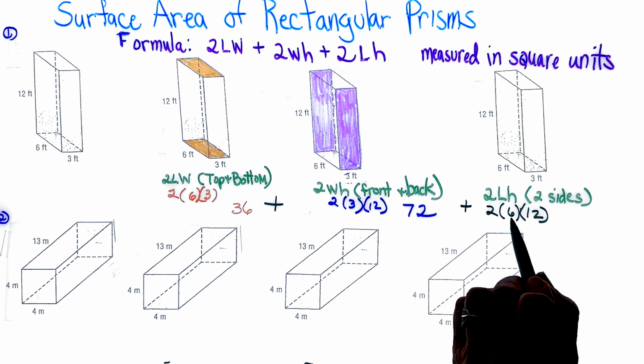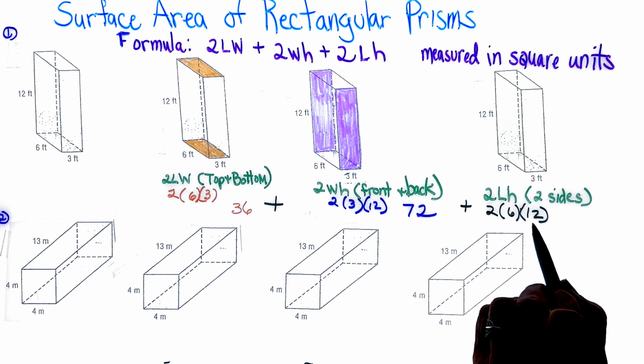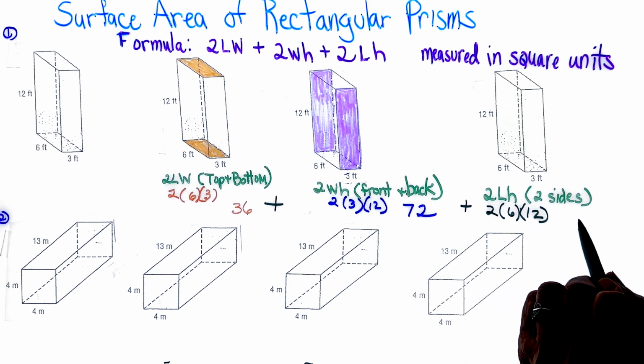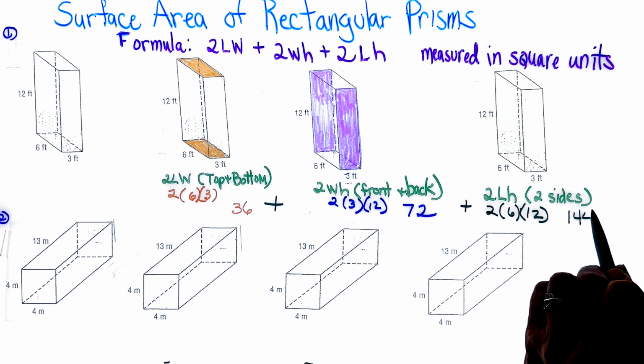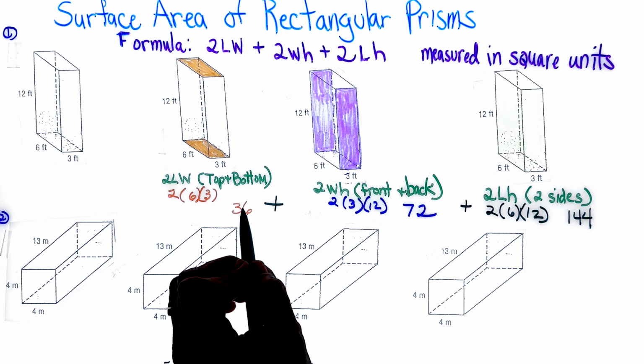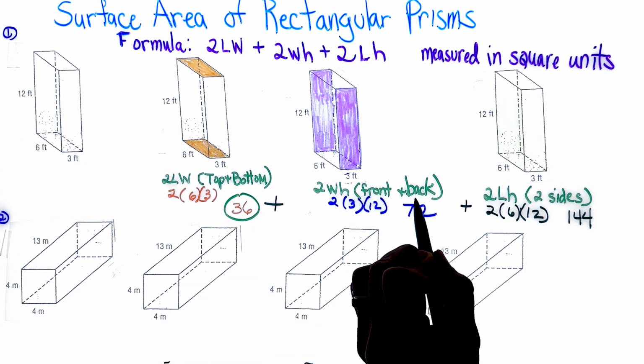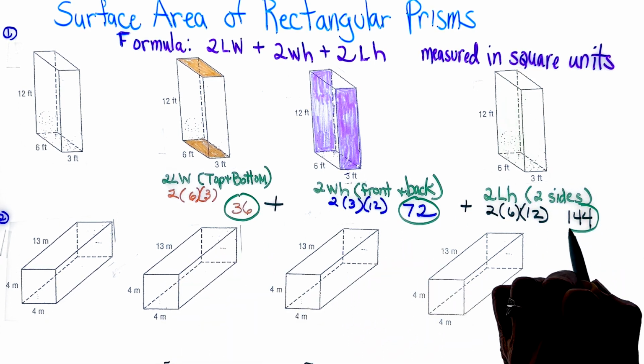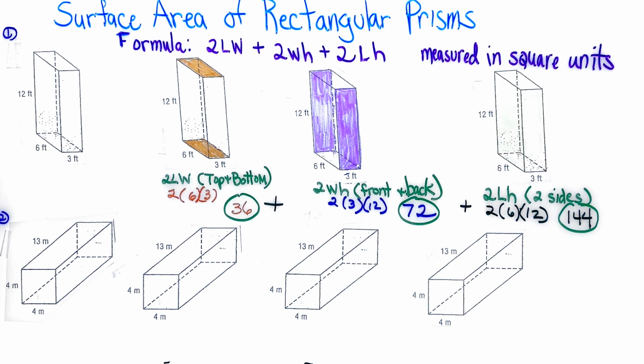Well, 2 times 6 is 12, and 12 times 12 is 144. So to find the total surface area of this problem, we are going to take our 3 products that we found, and we will add them.